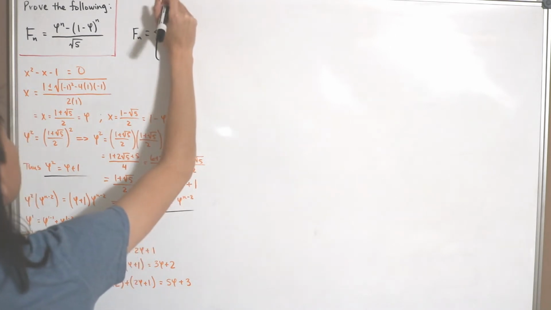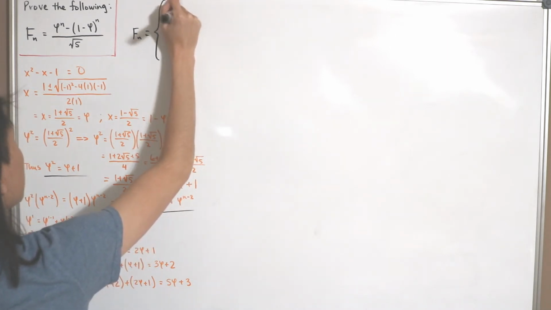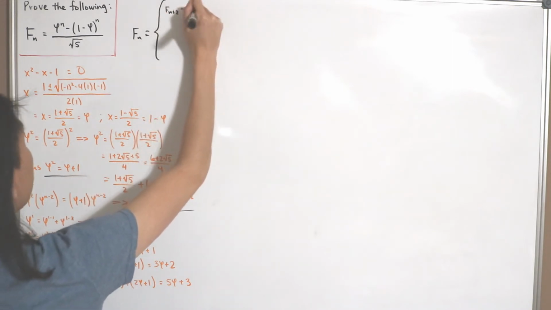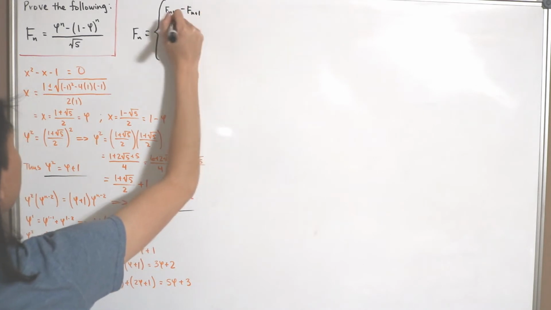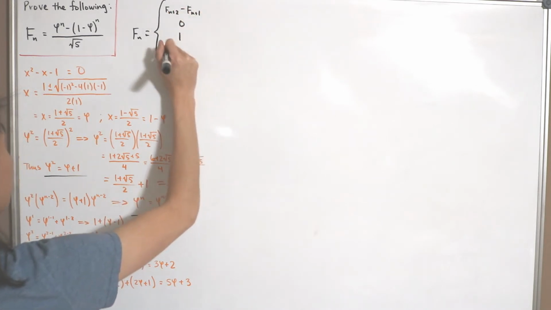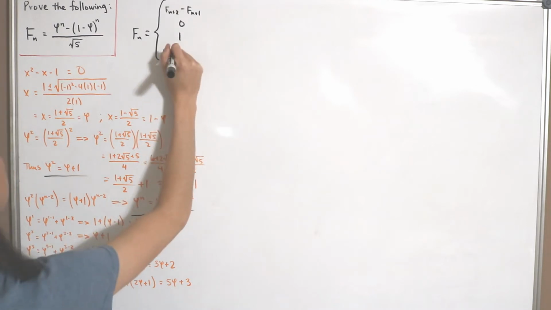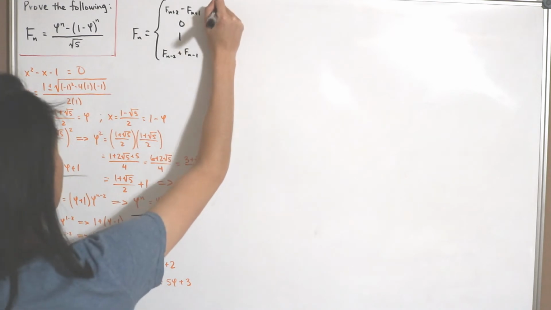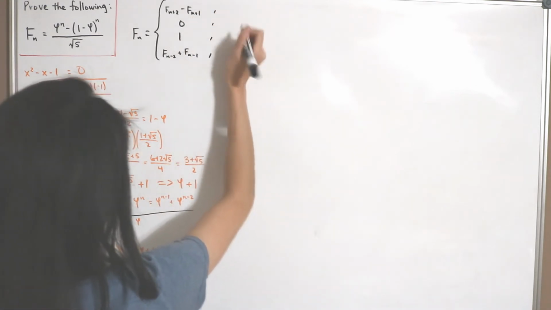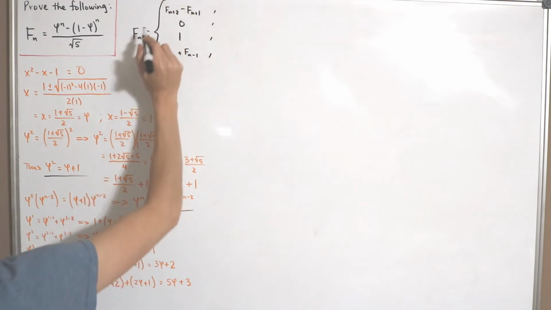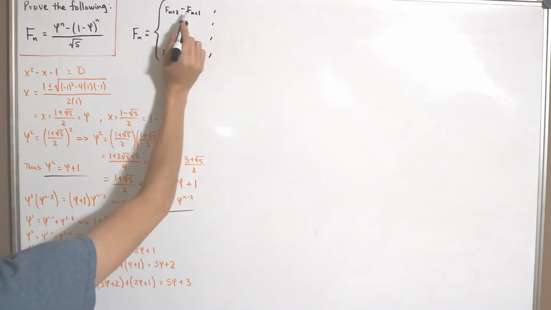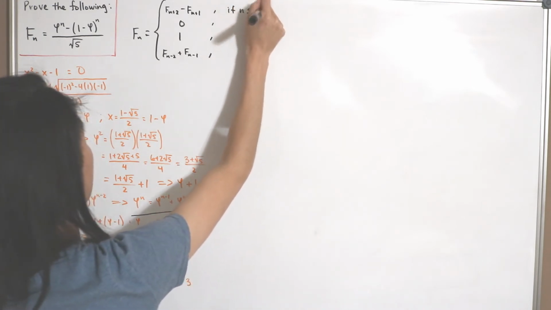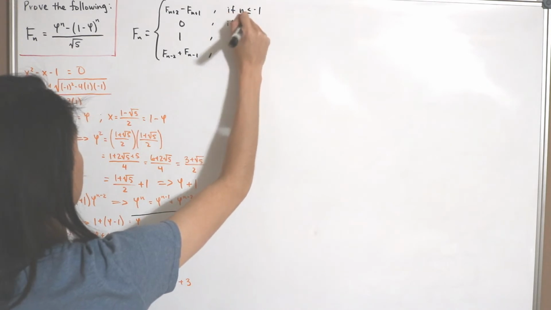The first one is that F sub n is equal to F sub n plus 2 minus F sub n plus 1 if n is less than or equal to negative 1. It's 0 if n is equal to 0.